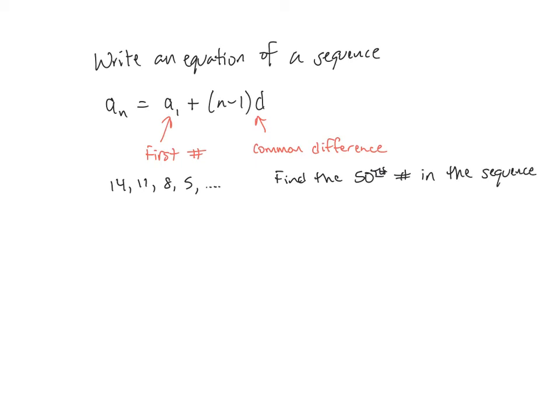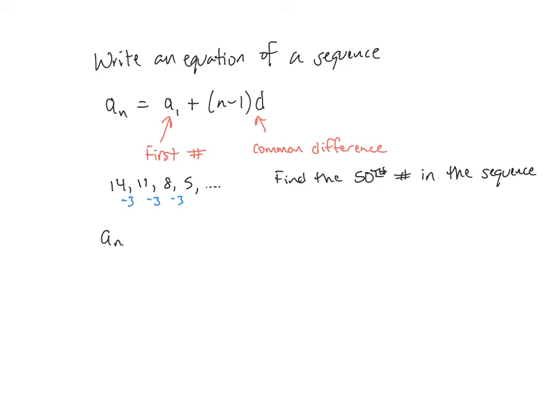If it just said find the 6th or 7th number, you could say, okay, well this is going down by 3, excuse me, and you can just go down by 3 a few more times, not a big deal. But I don't want to go down 50 times in order to get to the 50th number. So that's why we write an equation, and then we're just going to plug in 50 for the n. So it becomes a lot easier.